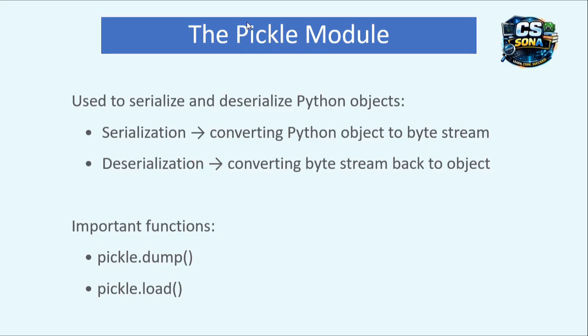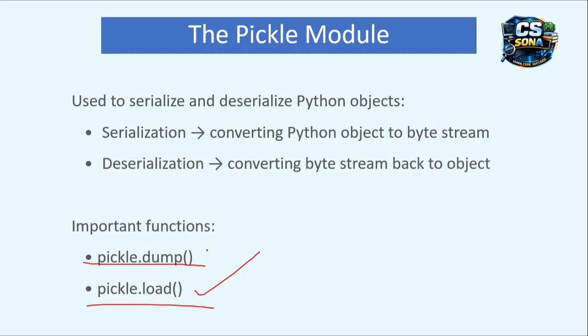Serialization and deserialization are done by two functions called pickle.dump and pickle.load. You only need to understand that I am including the Pickle module so that I can use these two functions. Pickle.dump is for writing into the file, pickle.load for reading from the file.